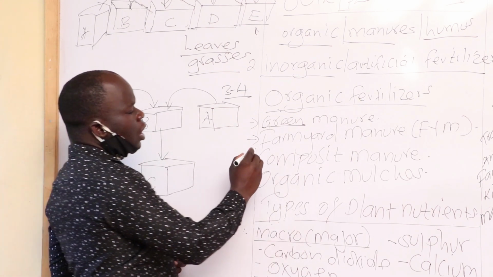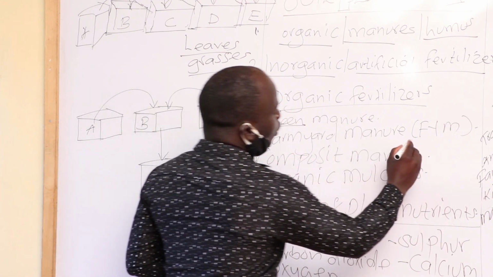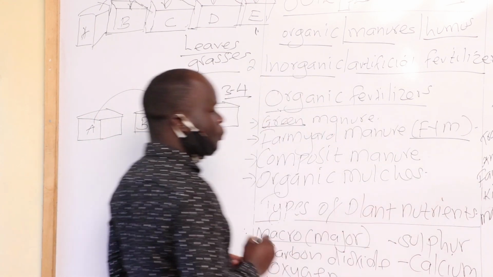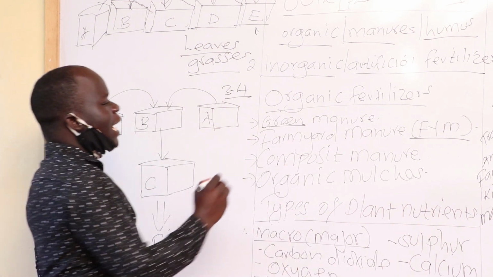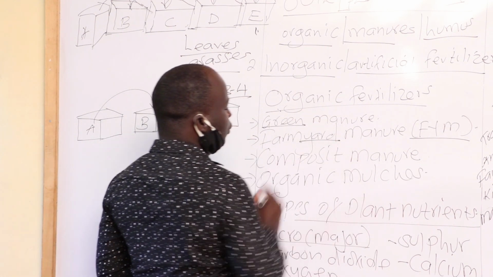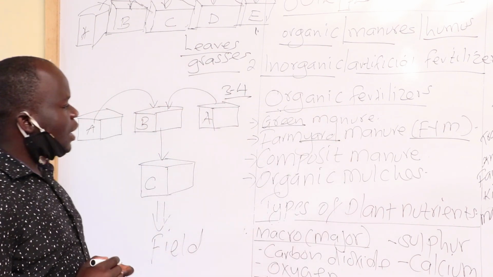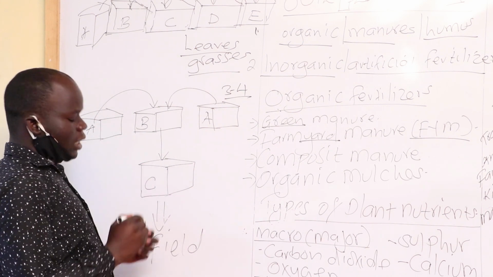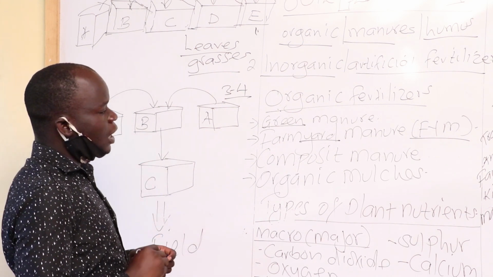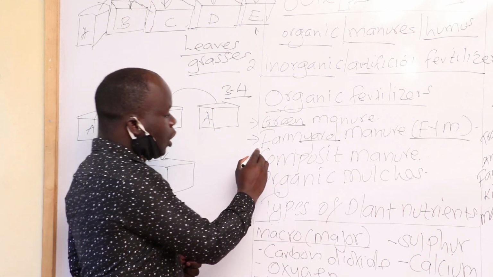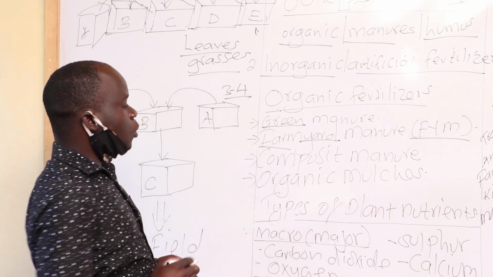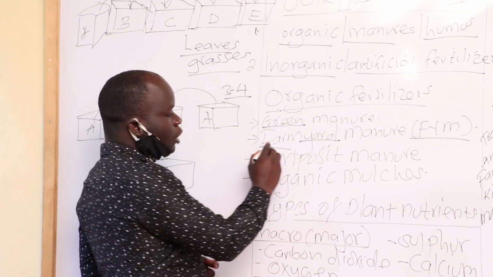Then we have what we call farmyard manure, commonly known as FYM. From the word yard, it's a type of manure that we get from the yard where the animals sit or spend time and sleep. This one you know, it is at your home, or you have ever seen someone carrying it on a wheelbarrow.